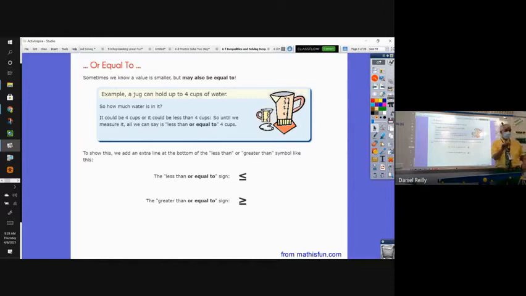If you put a line underneath, it means not only are these less than, but also if they're equal, that's also okay. We'll talk more about that as we go. So this is a less than or equal to sign, and this is a greater than or equal to sign. So there are four inequality symbols that we're going to use here: less than, greater than, less than or equal to, and greater than or equal to.